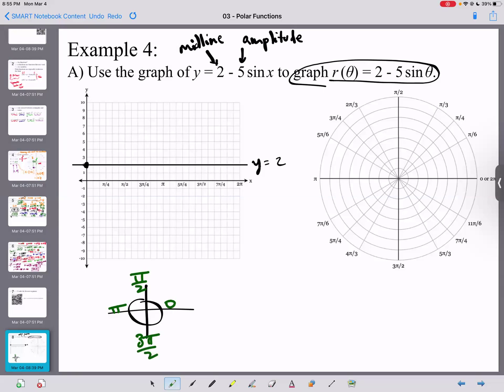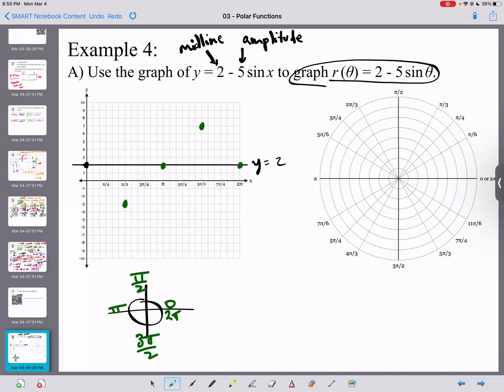In this case, because of the transformation, because of the negative, we're going to go to the minimum first. So at pi over 2, we go down 5 units. So 1, 2, 3, 4, 5. I'm going to have this point. At pi, we're back to 0. At 3 pi over 2, we're now at the maximum. 1, 2, 3, 4, 5. And then at 2 pi, we're all the way back around the circle, and so we're back to its midline.